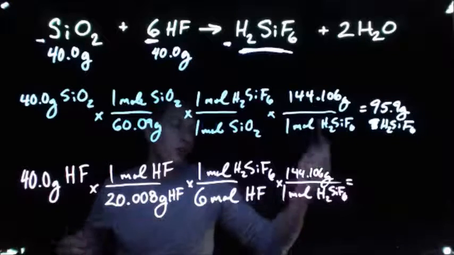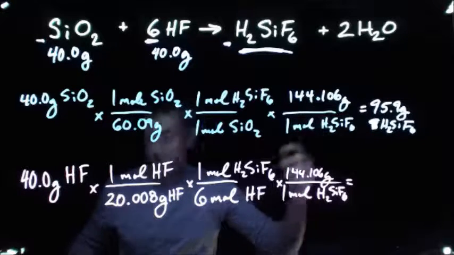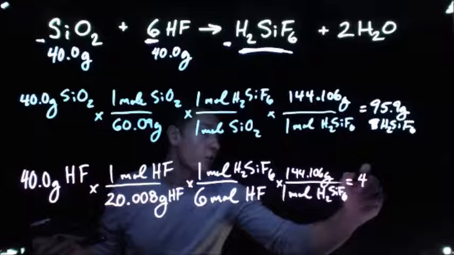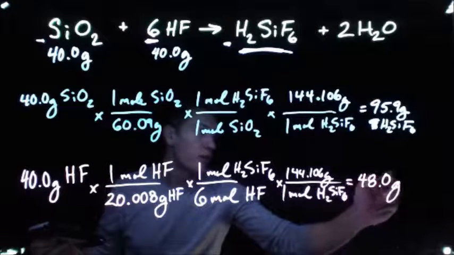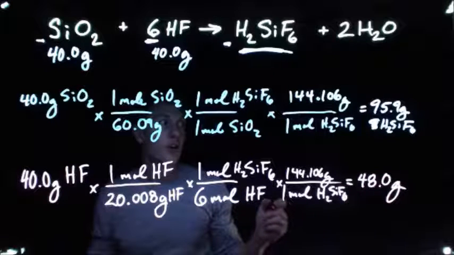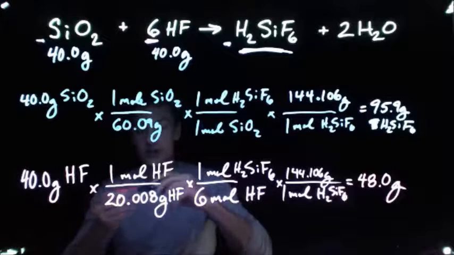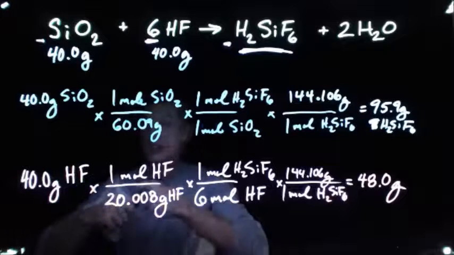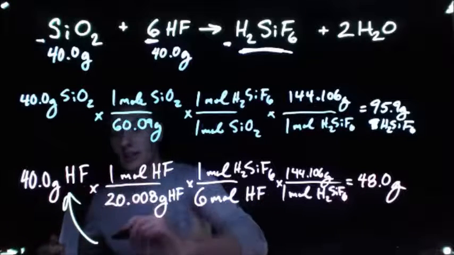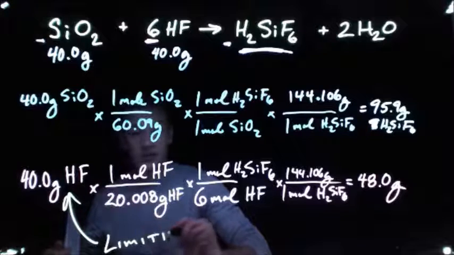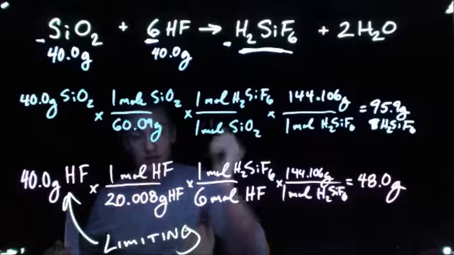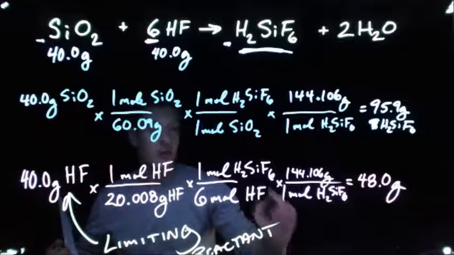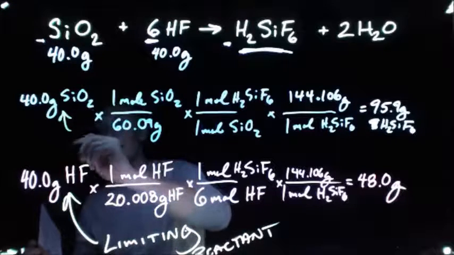Yeah, because a third of that would, let's say 150. So 48.0 for 3 sig figs, 48.0 grams of our hexafluorosilicic acid stuff. All right, so this is my limiting reactant. And this is going to be the excess.